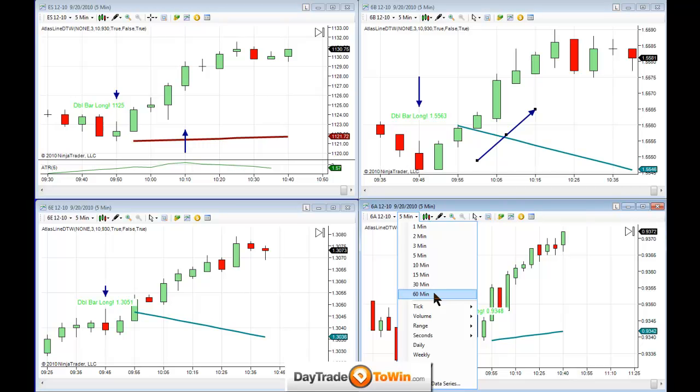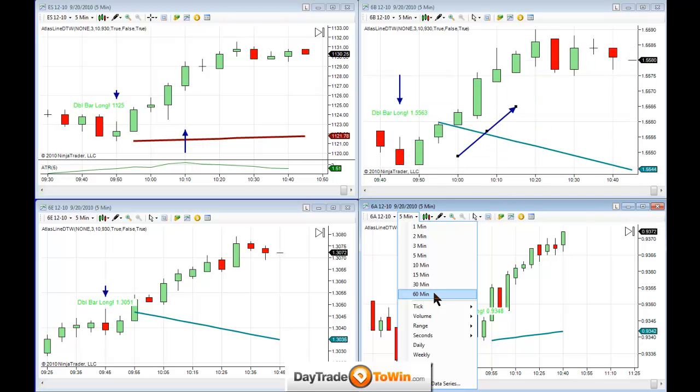Now this is going into a little bit of mathematics and psychology, which I know a little bit about, but let me just say that if every trader in the world is looking at a 60, 30, 10, 15-minute, 5-minute, 1-minute, they're all divisible by 5.